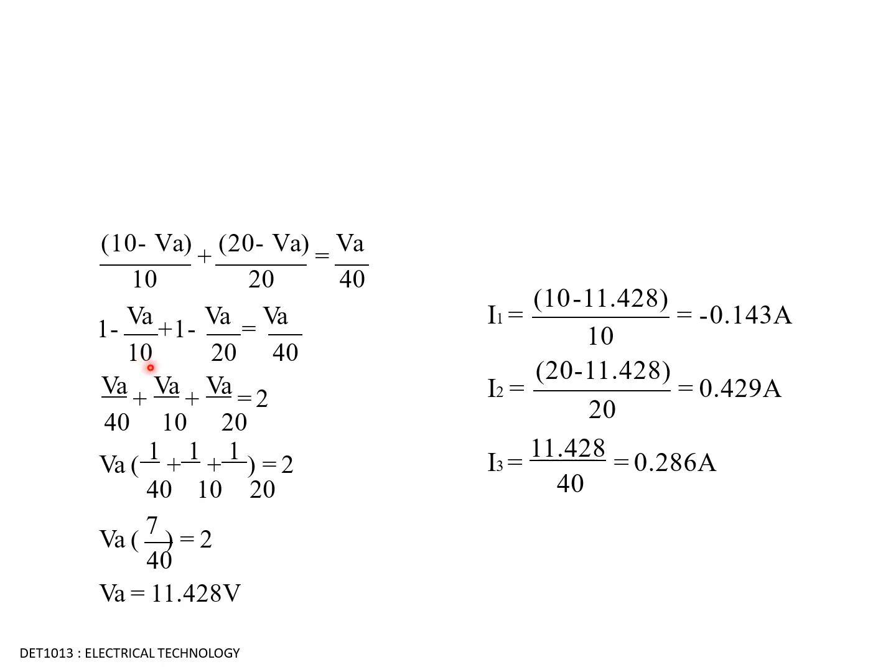So minus VA by 10 changes to plus VA by 10. Similarly, minus VA by 20 changes to plus VA by 20. So the equation transforms to VA by 40 plus VA by 10 plus VA by 20 is equal to 1 plus 1, which is 2. Taking VA common from this equation, we get VA into 1 by 40 plus 1 by 10 plus 1 by 20 is equal to 2.